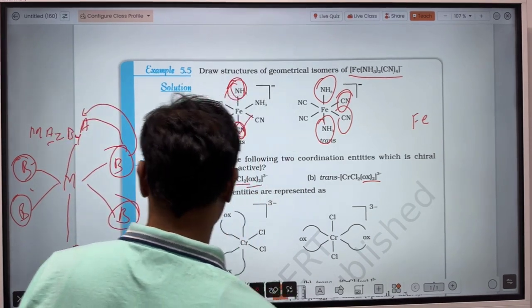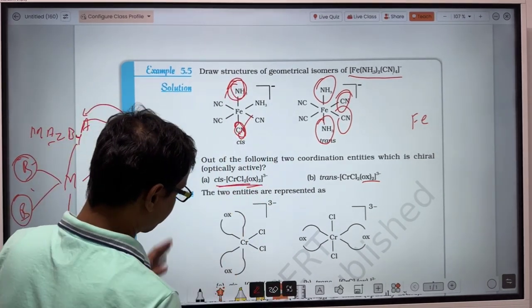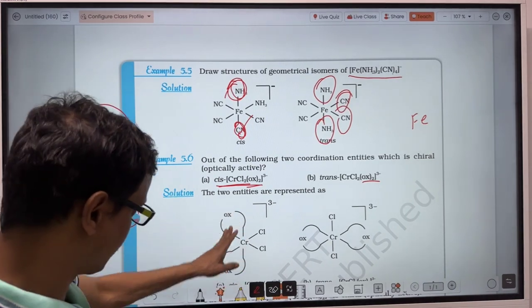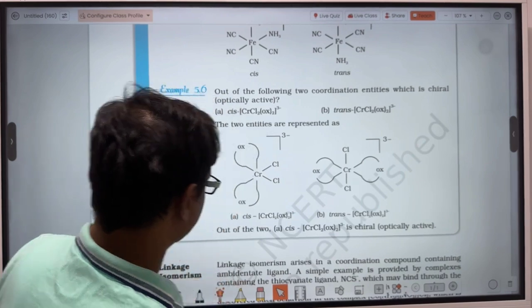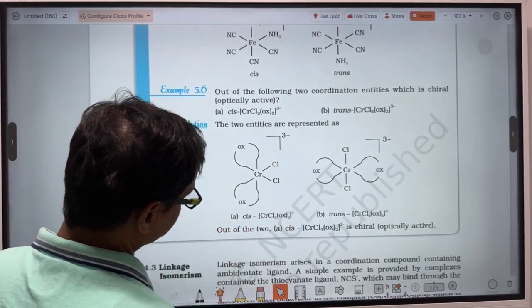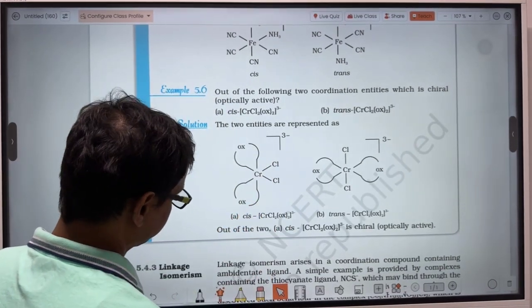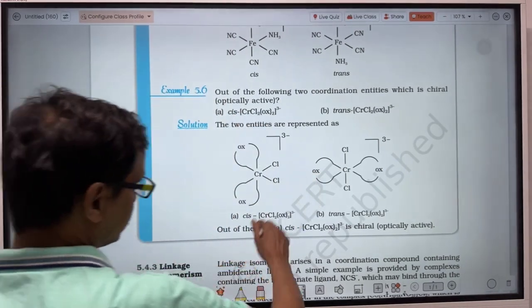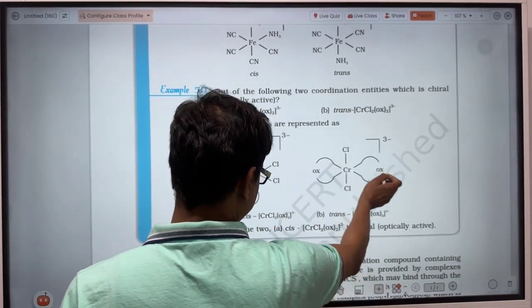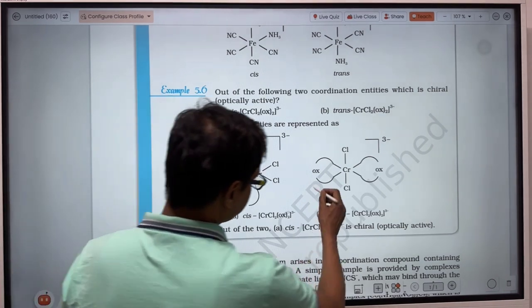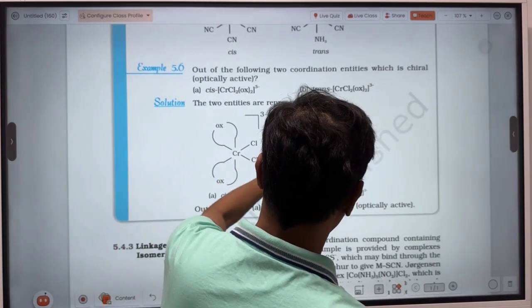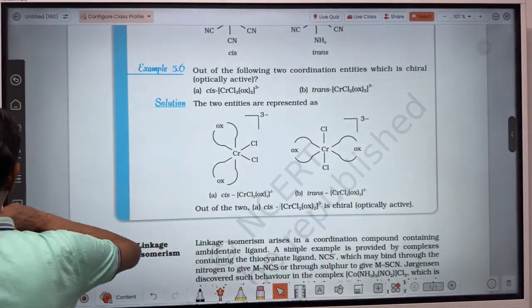In cis, optical activity will be there, above and below in this compound. The oxalate ion is neither left nor right. And here, in both cases, the two bidentate ligands cancel out each other's dipole moment. That's why this one is optically inactive. This trans compound will be optically inactive.